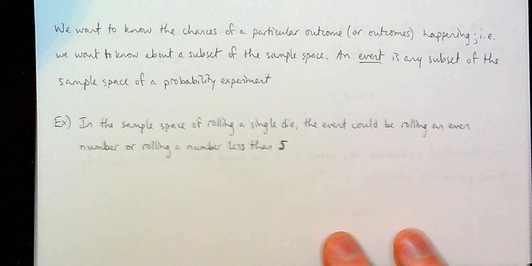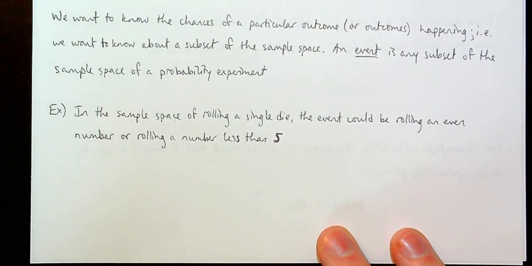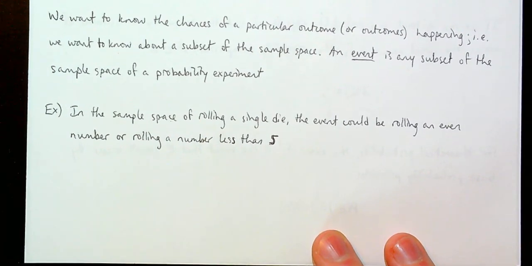So some examples, again going back to our example of rolling a fair single six-sided die. The event could be, say, rolling a number that's even, or it could be rolling a number that is less than 5. It could be rolling an odd number. It could be rolling a number less than or equal to 2.